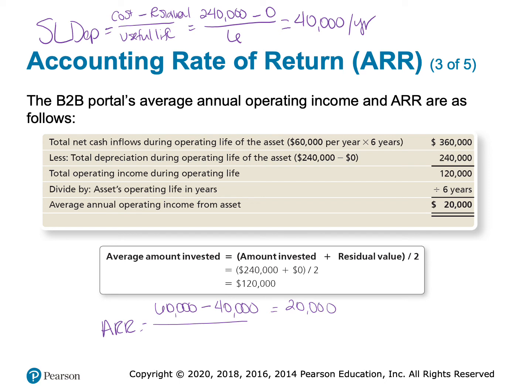Now our denominator is again that average amount invested, and so our average amount invested is our initial investment of 240 plus 0, which is our residual value, divided by 2. So in our case, that is $120,000. So we would calculate ARR by saying 20,000 divided by 120,000, which gives us 0.167, which is 16.7%.